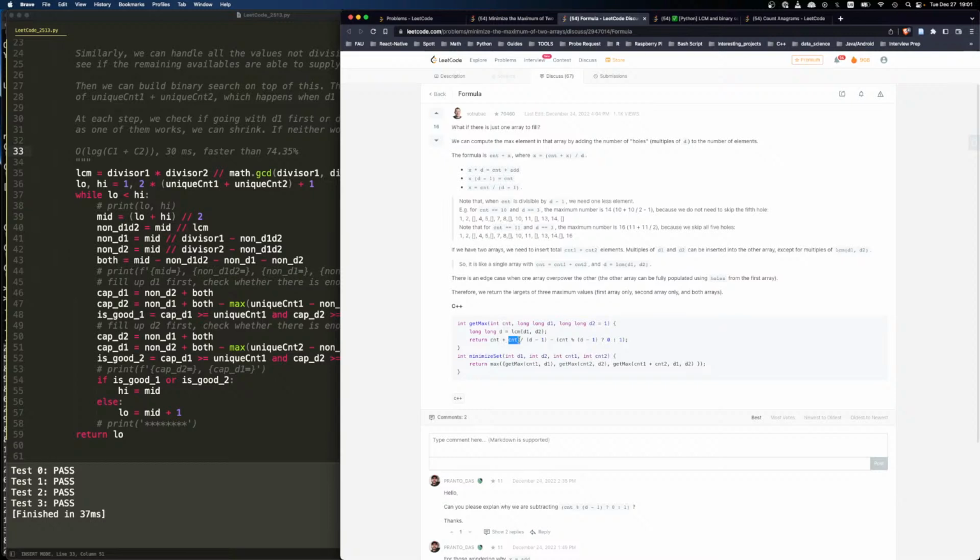I know what this is. This is the number of times, right? Number of holes to the number of elements. So we have that much element.